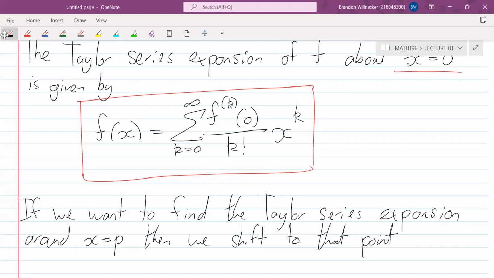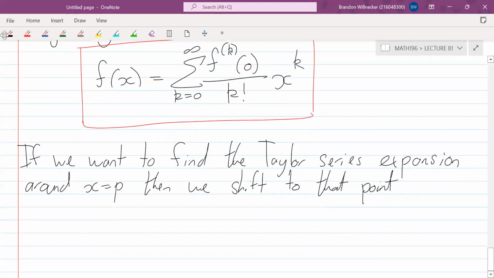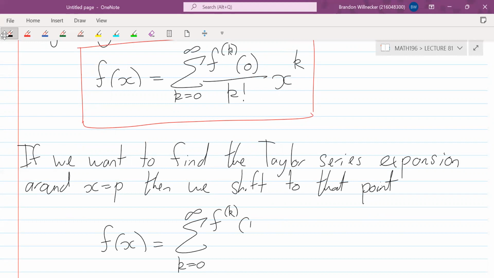Okay, so the original one is at x equals 0. If we want to go to x equals p, we can just shift across. So now we have f of x is equal to the sum from k equals 0 to infinity, kth derivative evaluated at p, because we've got a new point that we're expanding about, over k factorial. And then we need to shift all the polynomial terms across to that point. But that's easy to do. That's just x minus p to the k. Okay, so it's very easy to just shift across to some other point that we're interested in.